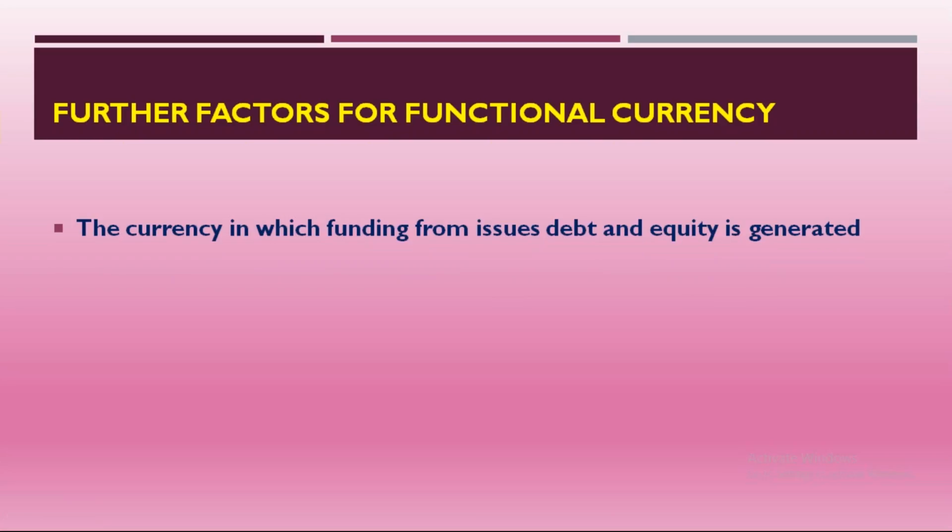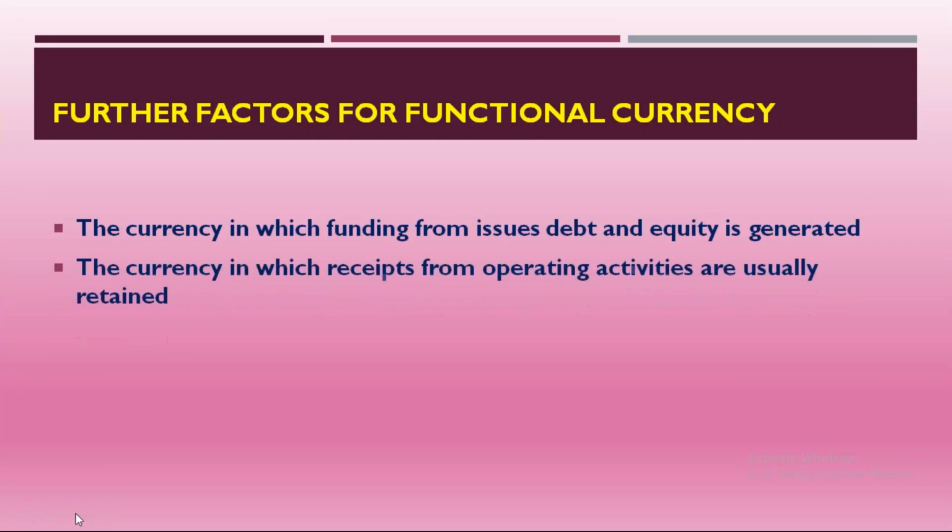You might have a situation where the bulk of the equity comes in the UK in sterling pounds. There may be a few foreign investors sending money in dollars, but again it is the main factor. The bulk of the money has come in sterling pounds, and therefore sterling is the functional currency.